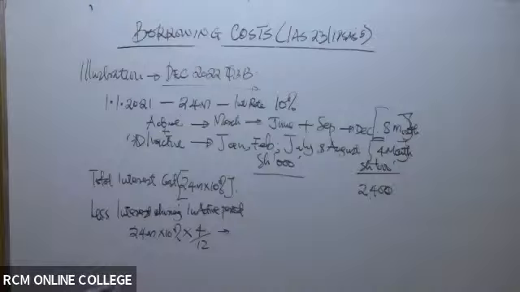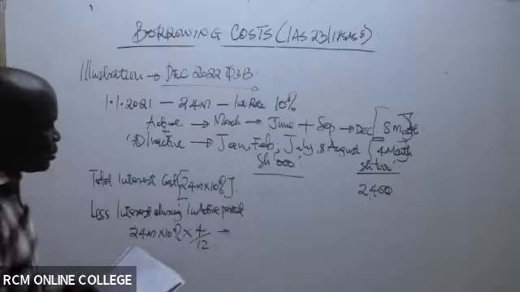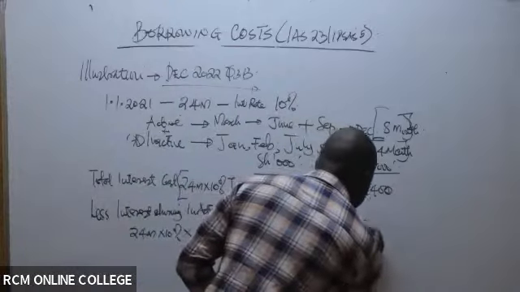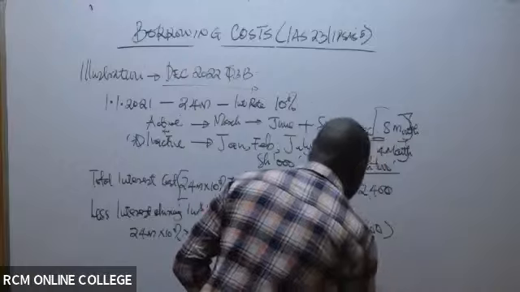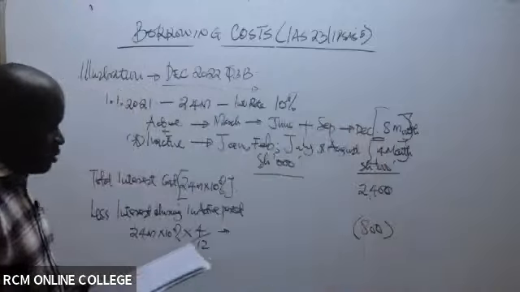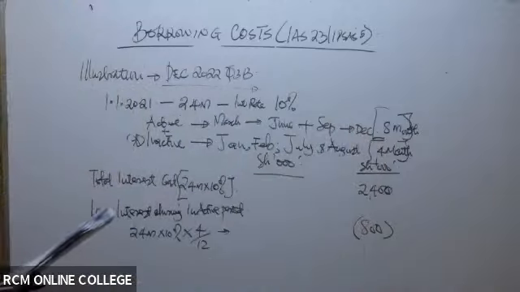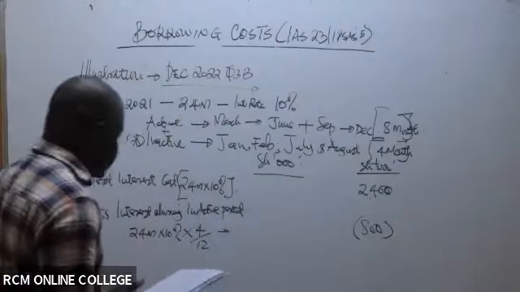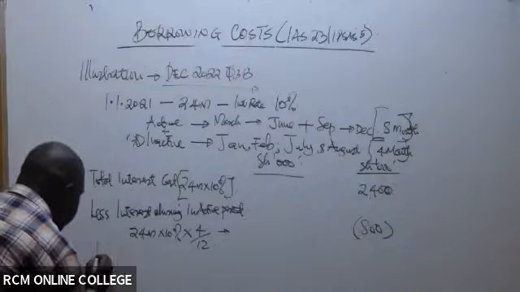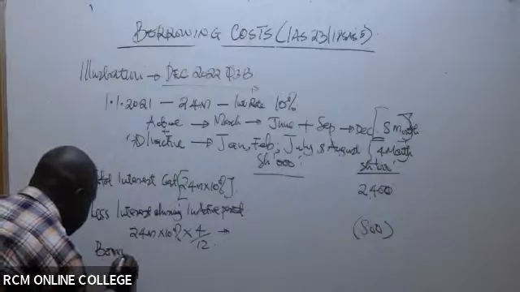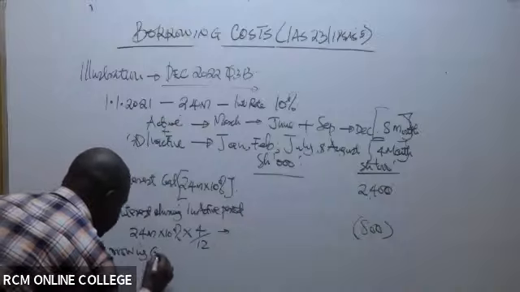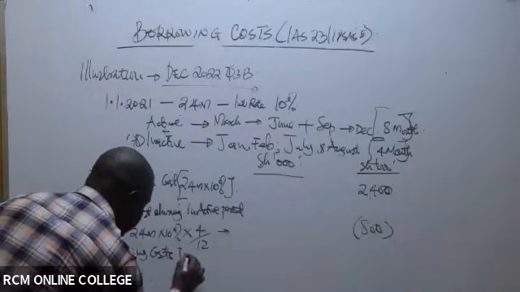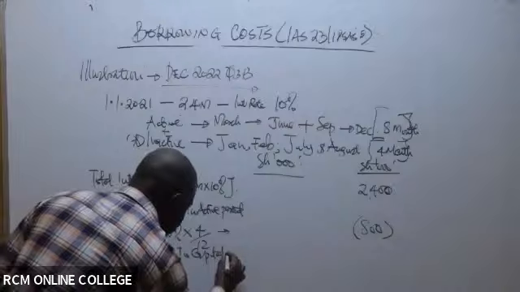After you do the computation, what are we getting? 800K. So in this case, we will less 800,000. So we'll get a borrowing cost here, the borrowing cost to capitalize.